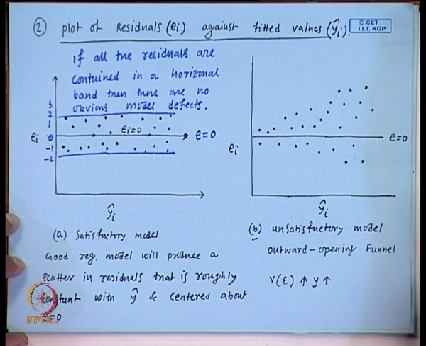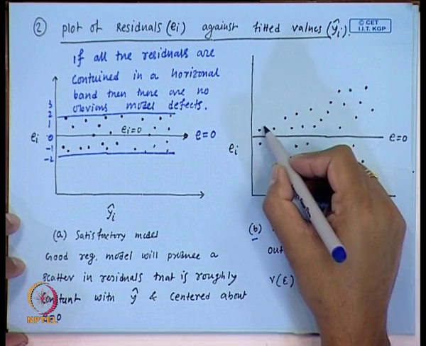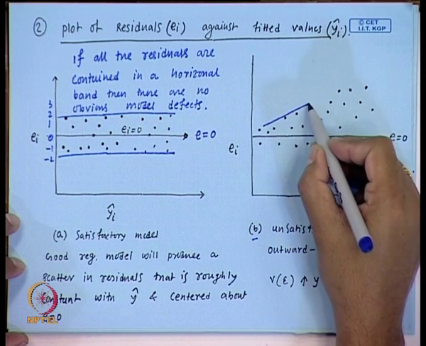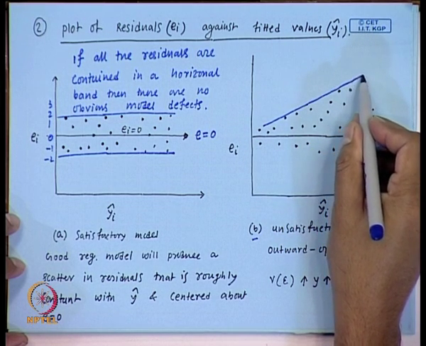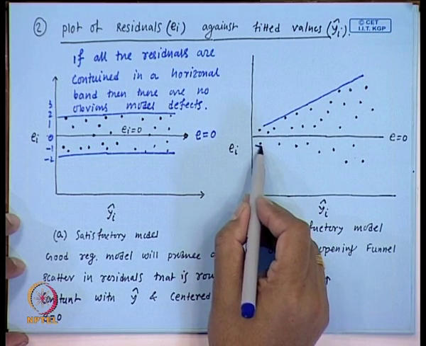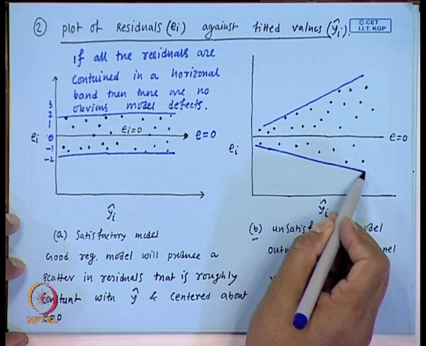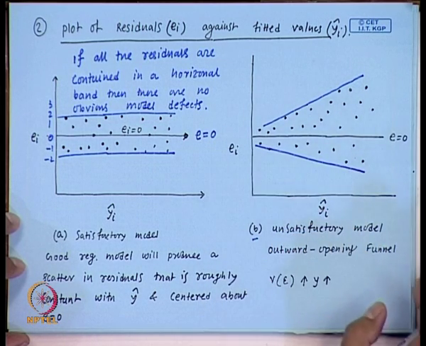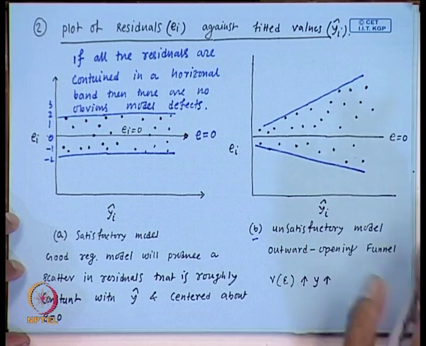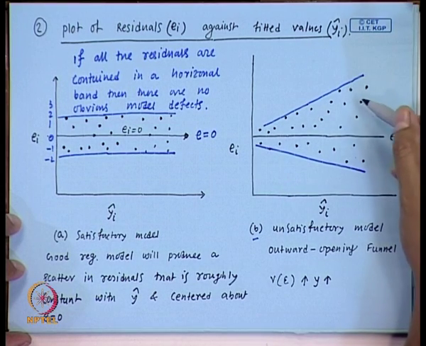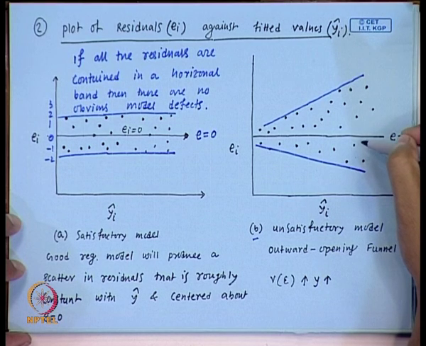So, here you can see that the e_i values increase, I mean e_i increases with the value of y_i hat. Okay. So, this is called the outward open funnel pattern. What does this indicate? This indicates non-constant variance of epsilon_i.